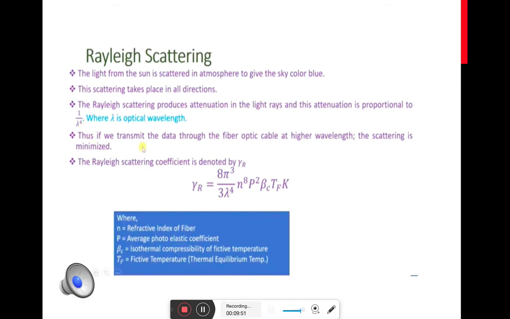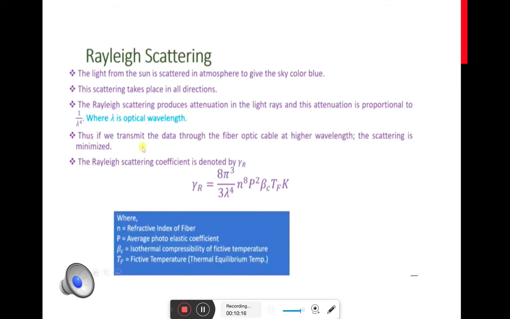That is why, when the principle of light emitted by the sun was explained, lower wavelengths like blue light get scattered, and we see a blue light for the sky. The higher wavelength red light is not scattered, so we see that red light directly from the sun, hence the sun appears to be red in color.